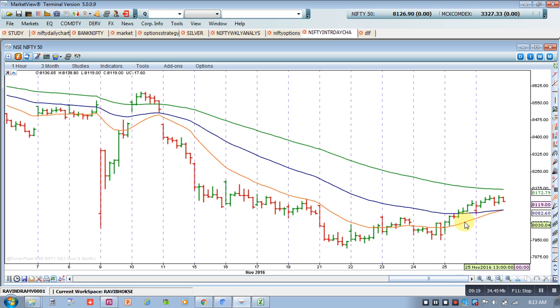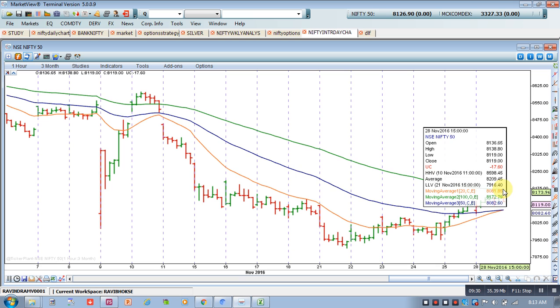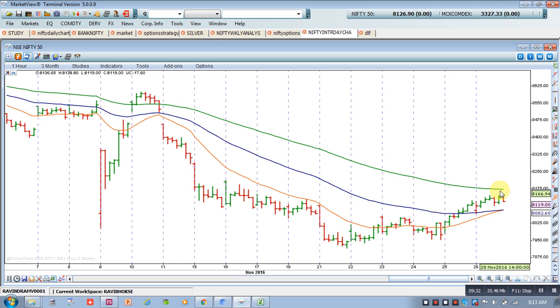So the cluster of these two moving averages around 8,082 creates a worry because it's below the 100 EMA and price is in between this 50 and 100 EMA. If price comes down, then this 20 EMA will also cross the 50 EMA further south. In that case, the formation will be 100, 50, 20, and below that there will be price.